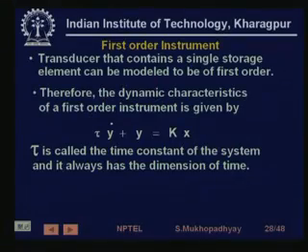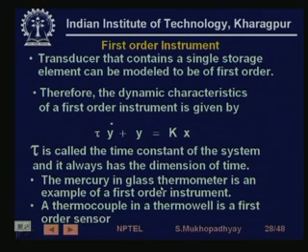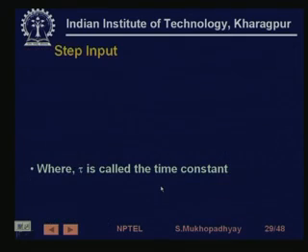So we can easily compute the response of a sensor to a step input. So let us try to characterize the response of this kind of a sensor to various kinds of changing inputs. So these are two examples: a mercury in glass thermometer and a thermocouple in a thermo well.